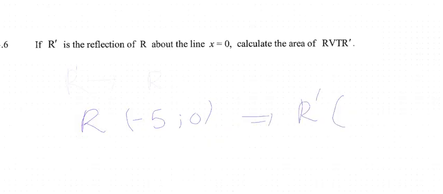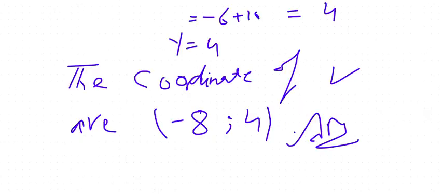So the figure RVTR prime is a kite. I'm just going to show you the figure. We have RVT.